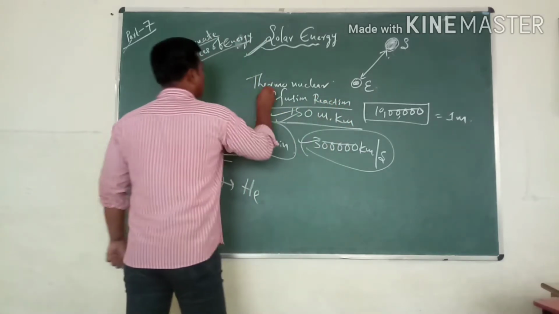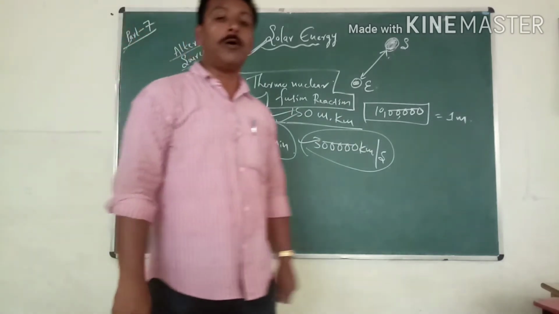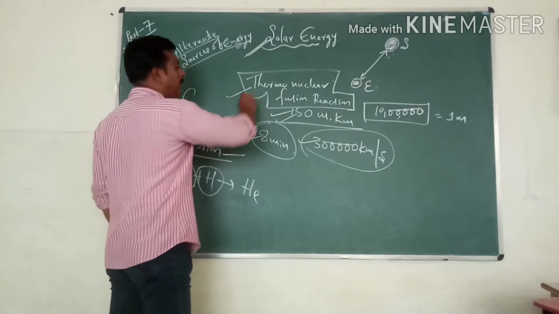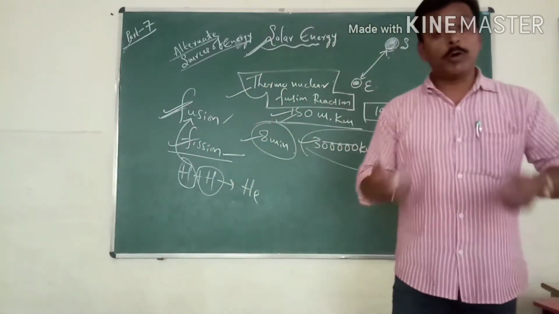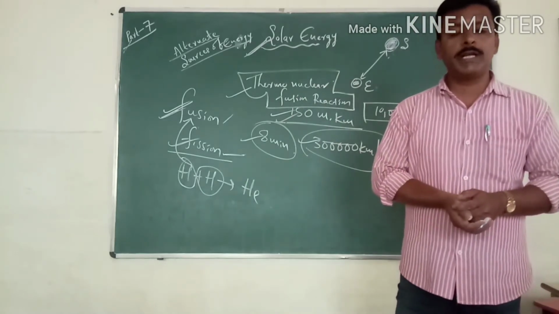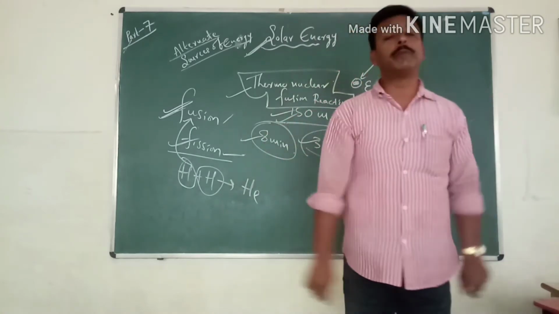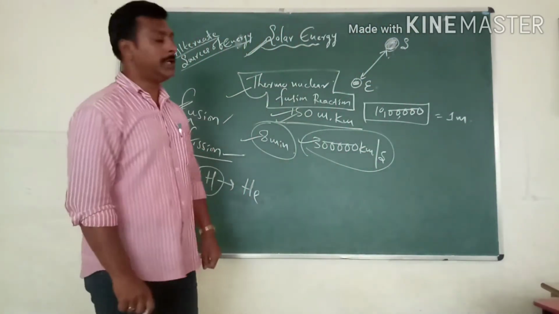This question is asked many times: what kind of nuclear reaction is taking place on the sun? So inside the sun there is the thermonuclear fusion reaction. If anybody asks, what do you mean by thermonuclear fusion reaction? If a fusion reaction takes place at very high temperature, then it is called a thermonuclear fusion reaction.